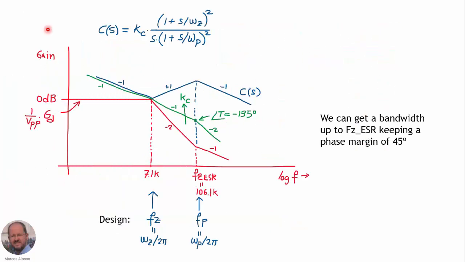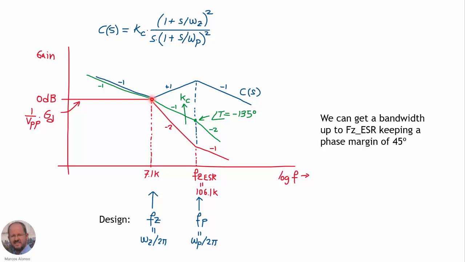Let's see first what we can do with this new compensator. We have expressed here the compensator with this gain Kc, and then we have the frequency of the zeros, the frequency of the poles, and the pole at the origin. So imagine that we place both zeros at the same frequency as the double pole that we have for the buck converter.